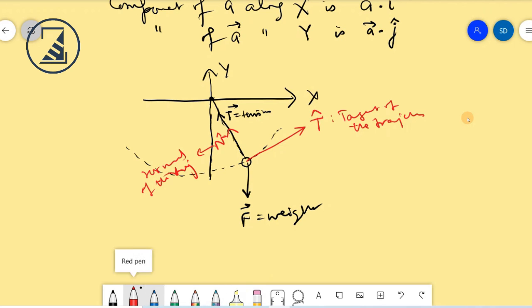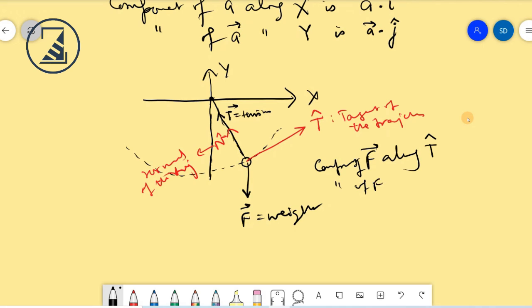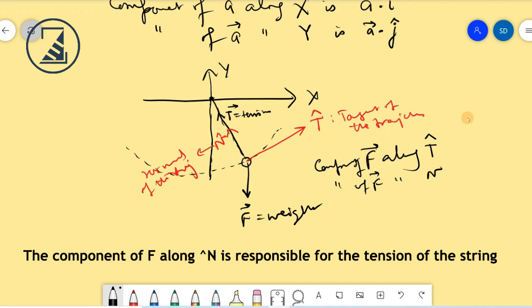So in this case, we compute the component of f along the tangent of the trajectory and the component of f along the normal of the trajectory. Then we solve this problem.